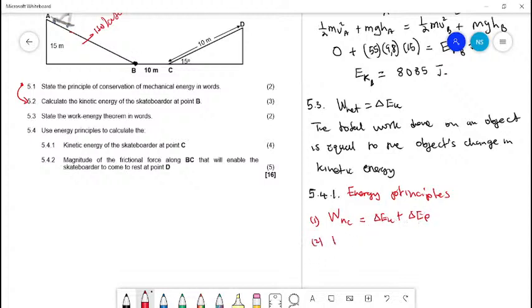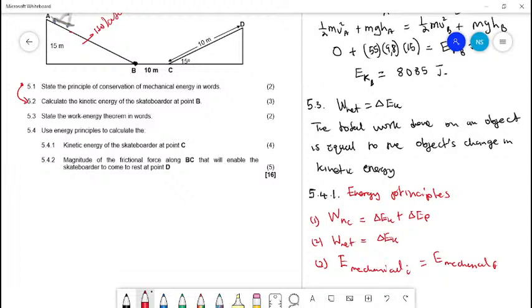Two, W net equals to change in EK. And lastly, the mechanical energy: E mechanical initial equals to E mechanical final. So these are the 3 formulas that they want you to use, right?